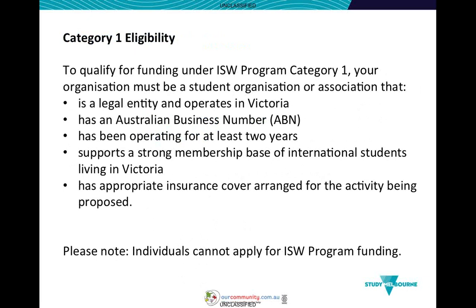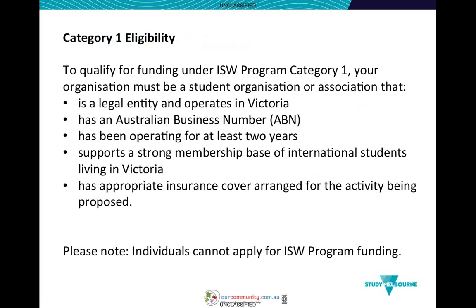So make sure that it's a student organisation or association that's a legal entity, operates in Victoria, has an ABN, has been operating for at least 2 years, and supports a strong base of international students living in Victoria, and of course has appropriate insurance cover arranged for the activity.